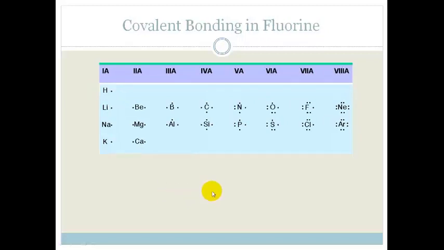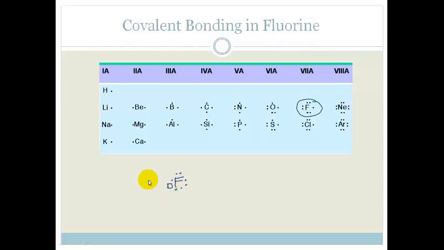Let's look at the covalent bonding in fluorine. Fluorine's a little bit different because it's already got 7 valence electrons. So let's see, we would draw our F, and then we go 1, 2, and then we go 3, 4, 5, 6, 7. And then do you see there's a nice big space here?